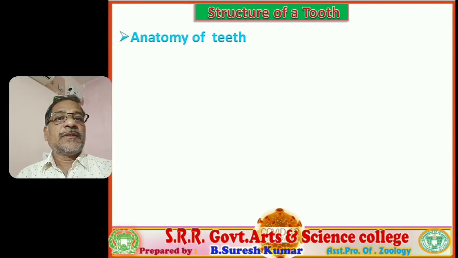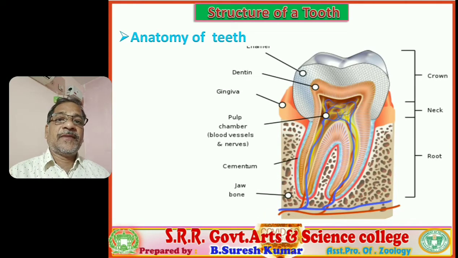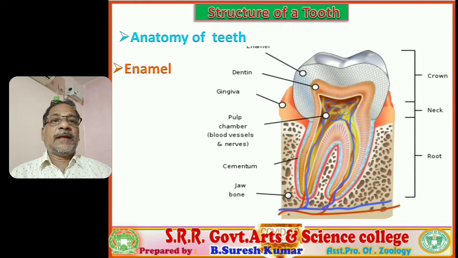Next we will move to the subsequent slide. Now in detail we are going to discuss the anatomy of the tooth, the histology of the tooth. You observe this visual very clearly; a section of the tooth is clearly given in this diagram. First, the exposed part, the crown, is completely enveloped by a white colored nourishing layer.